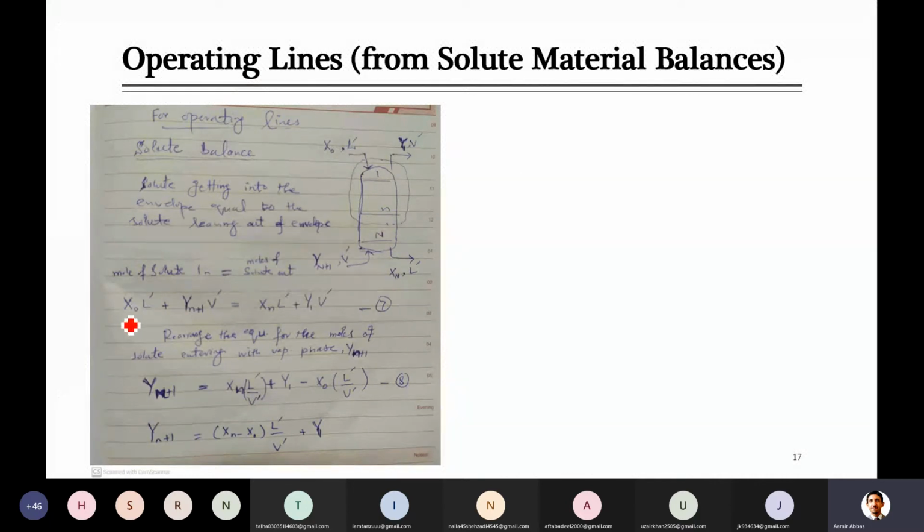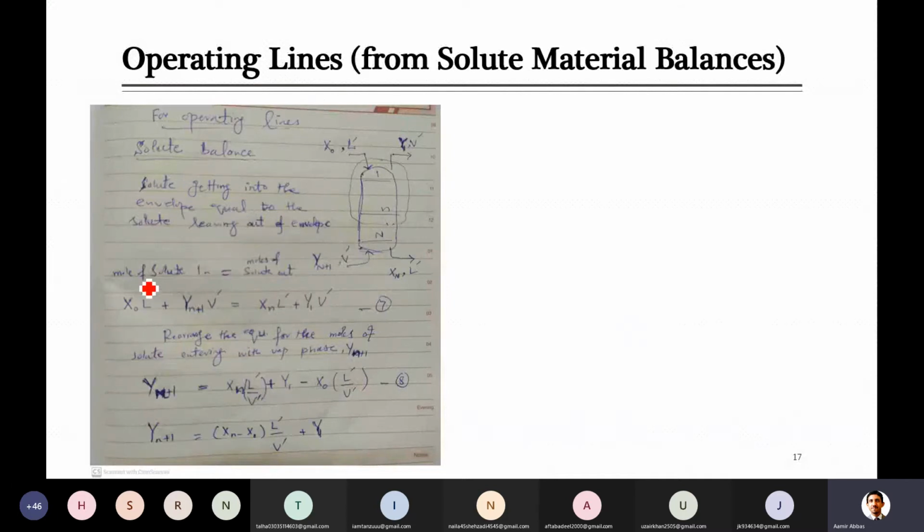I have written it as X naught L prime. So this X capital, what was this? Do you remember? Moles of solute over moles of solute-free solvent. Yes, good. And this L prime is the moles of solute-free solvent.